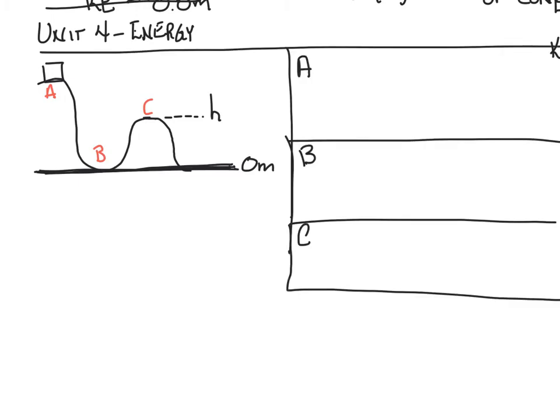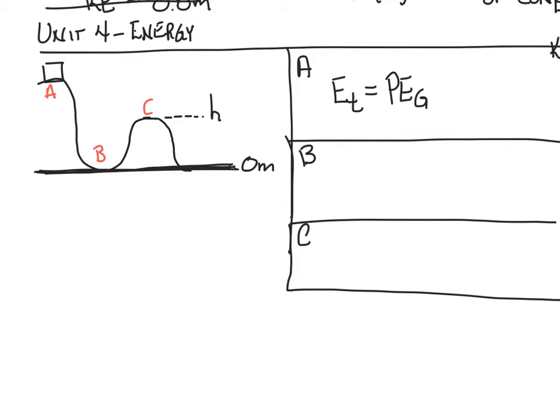In position A, the total energy is only gravitational potential energy. There's no elastic potential energy. I don't see any springs or stretched rubber bands. There's no kinetic energy, because in questions like this we would probably say you begin your motion from rest, to dictate that there's no initial kinetic energy.